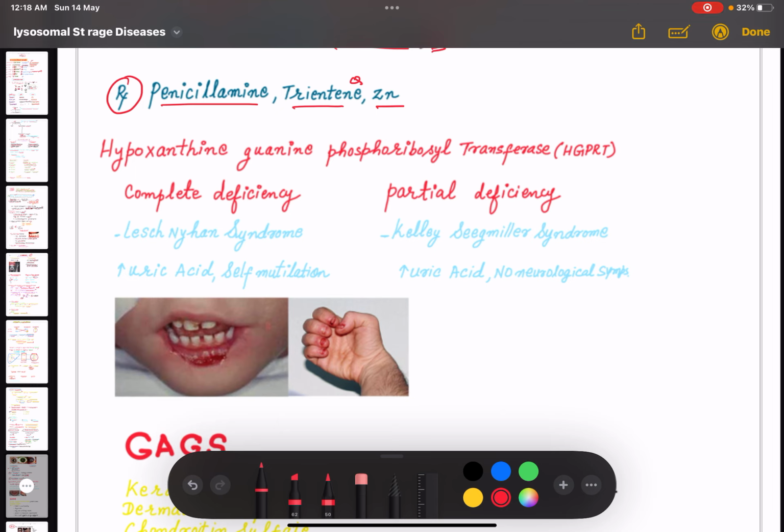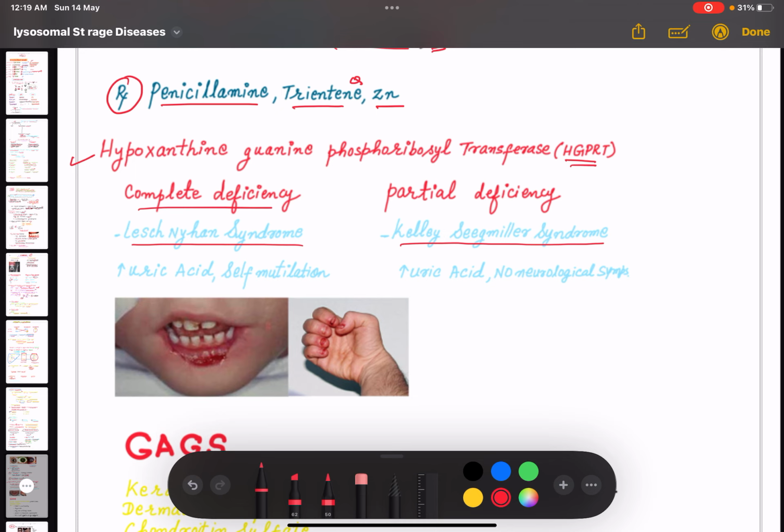Let's see another important condition. You have to remember this enzyme, that is hypoxanthine guanine phosphoribosyl transferase, that is HGPRT. If this enzyme is completely deficient, the disease is known as Lesch-Nyhan syndrome. If there is partial deficiency of this enzyme, it leads to Kelley-Seegmiller syndrome.